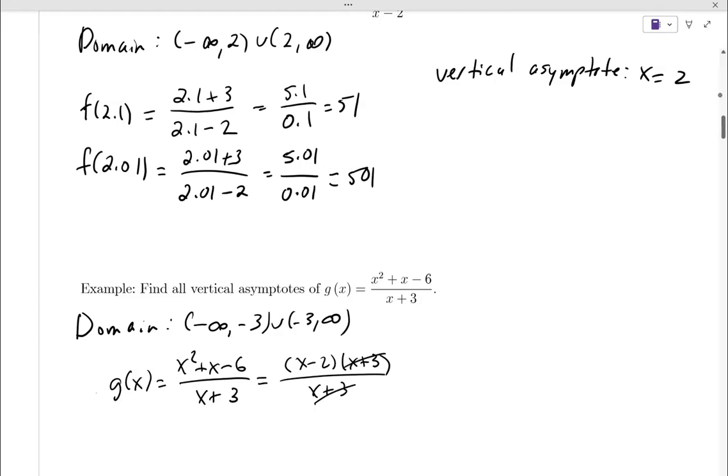And we would just get x minus 2, so long as x is not equal to -3. I cannot do this cancellation if x is equal to -3, right? The reason why, can I plug in -3 over here on the right? Is it okay to plug in -3 here? Yes. Is it okay to plug in -3 here? No. So these two things are not equal when x is equal to -3.